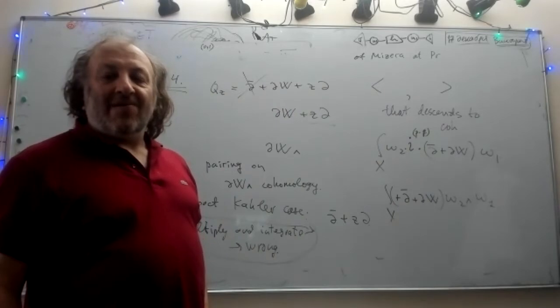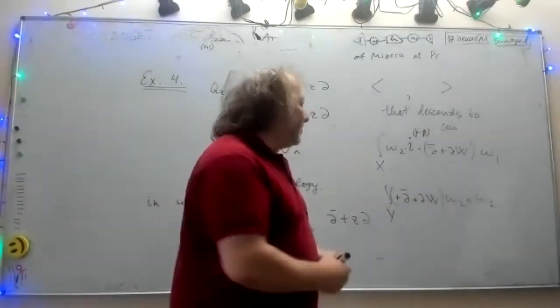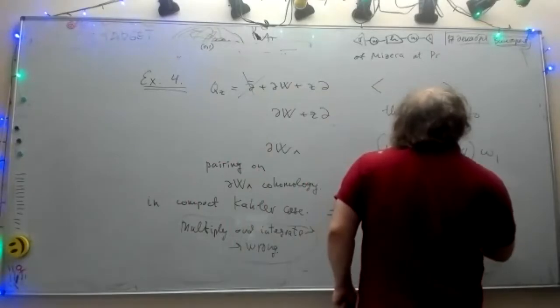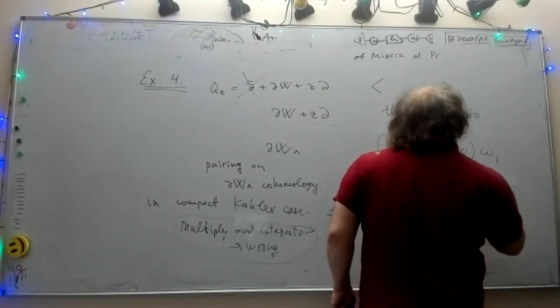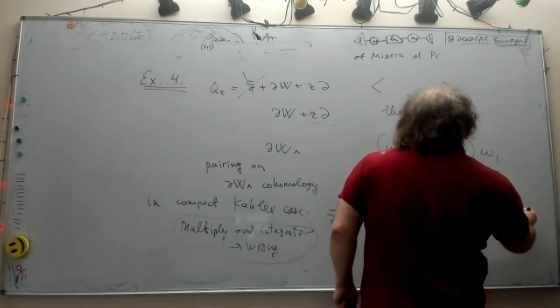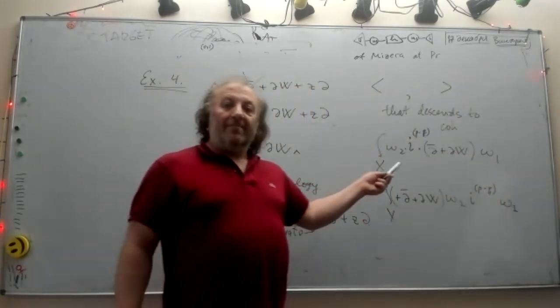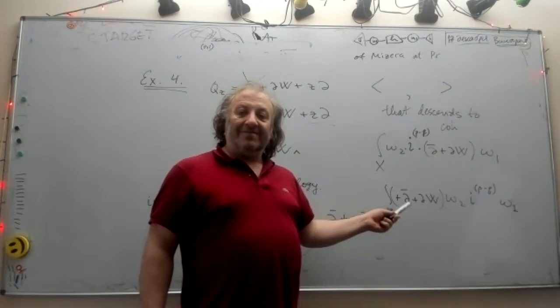In this case, you will get pairing on cohomology of Q. Is it clear?